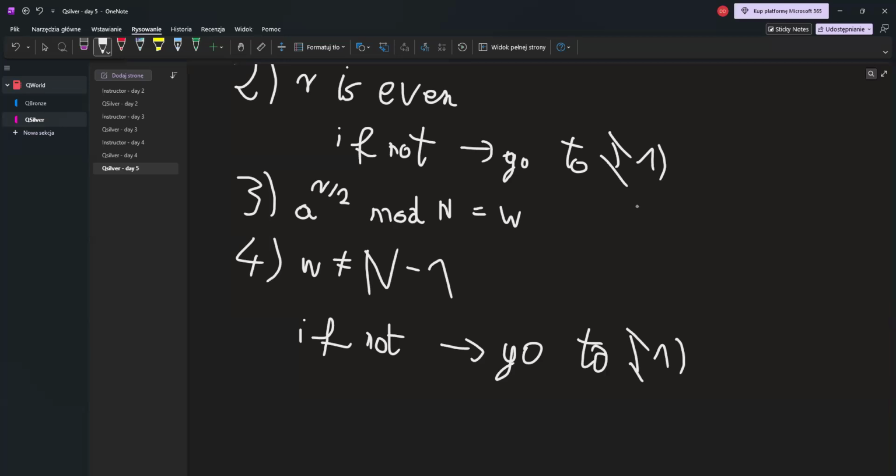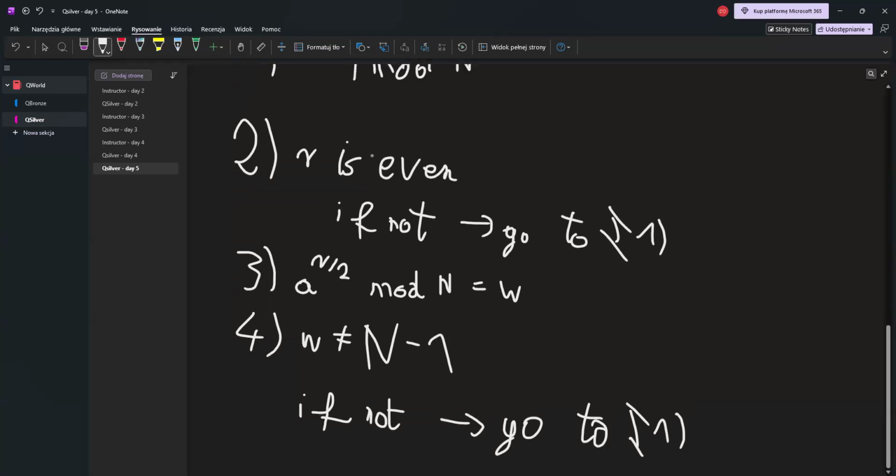And one interesting thing is that the chance that when we find R it will meet both of these conditions, that R is even and this expression is not equal to N minus 1, is about 50%.